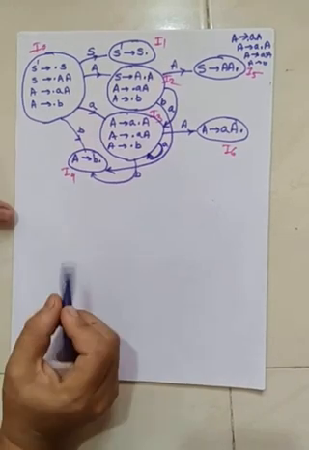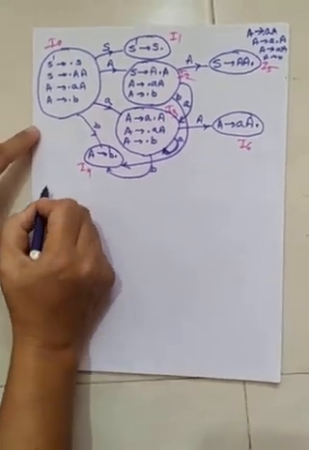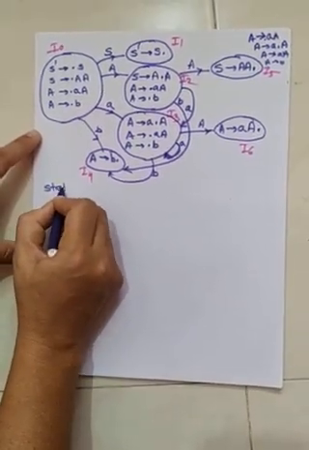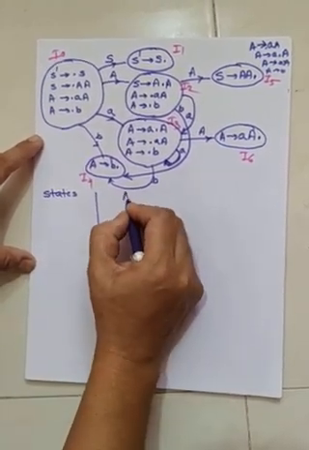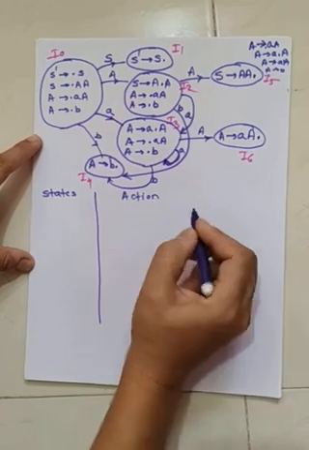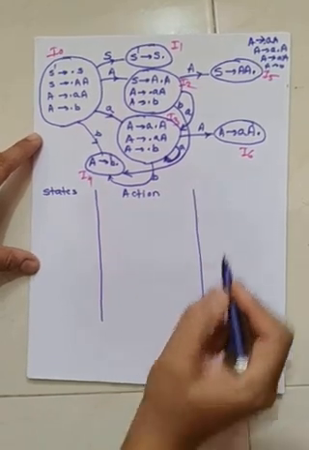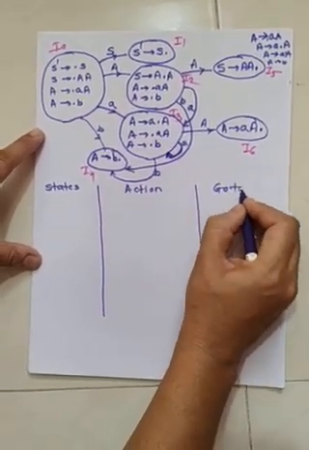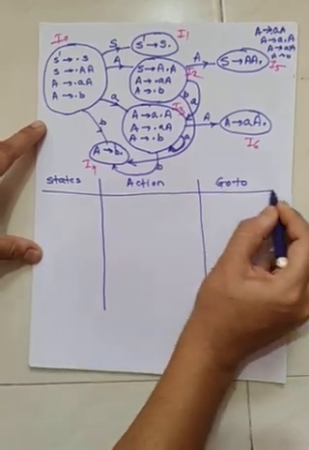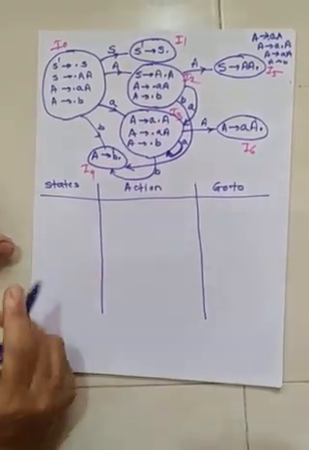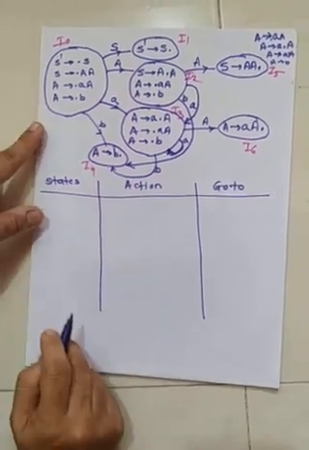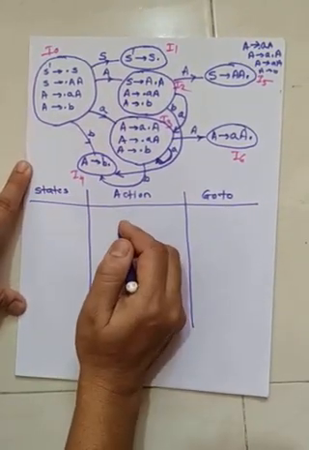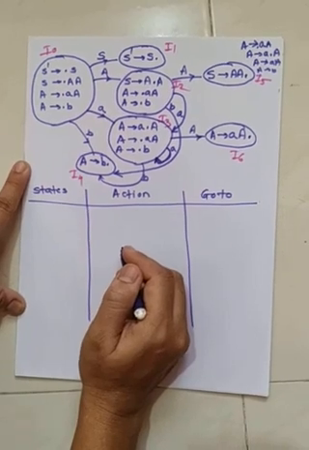Now we have to prepare a parse table. The parse table contains all the states, then we have to consider the action and then goto. In states, all the states I0 to I6 we have to write. In action, we have to write all the terminals.